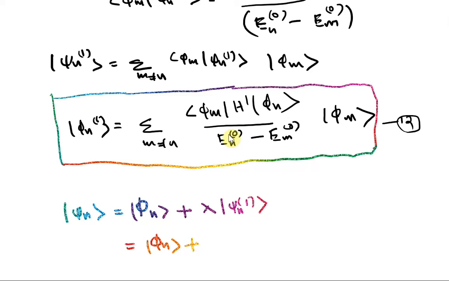So that will give you phi m hp phi n into phi m. You can write it in both ways. If you are putting lambda explicitly, you can write it in terms of h dash, or otherwise you can write it in terms of hp.